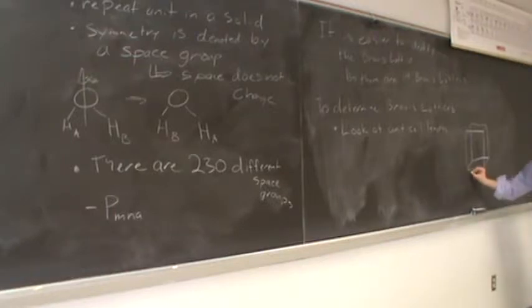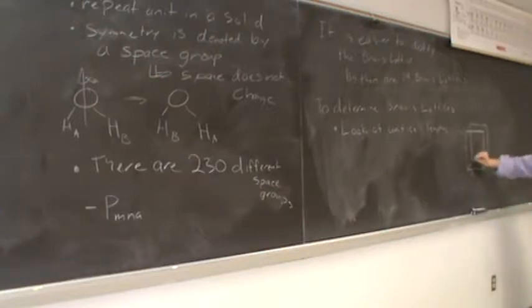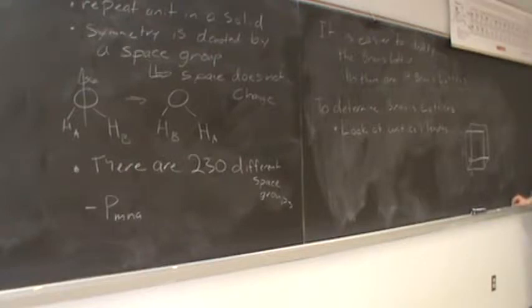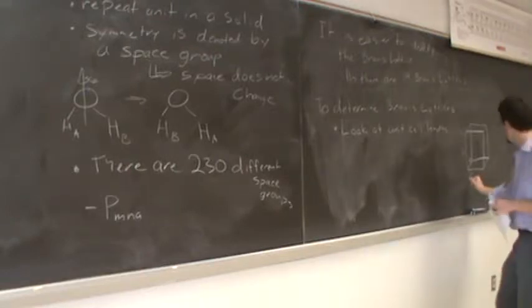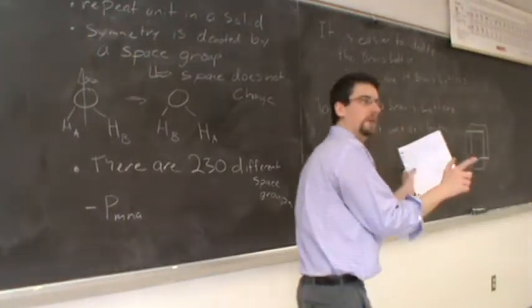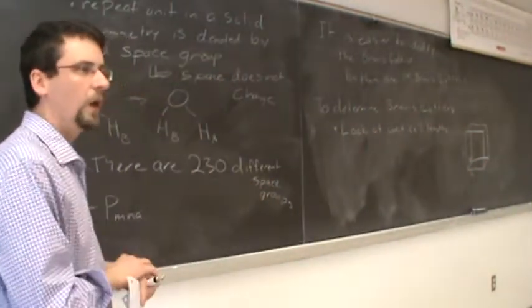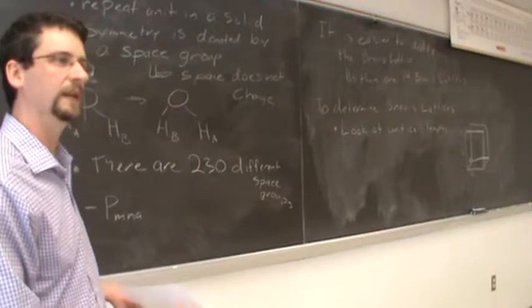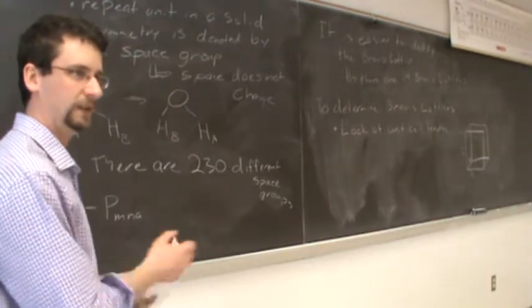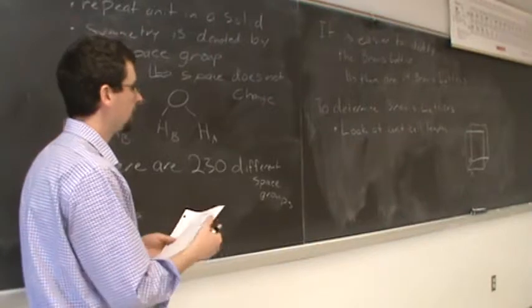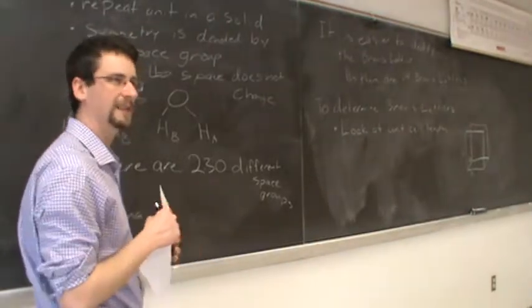So we're going to call this axis along here A. The depth going in will be B, and the axis going up is C. So we can have a couple different options here. We can have different lengths of A, B, and C, so those different axes. What else could be different between unit cells or crystal cells? Or what else could we change with that box?